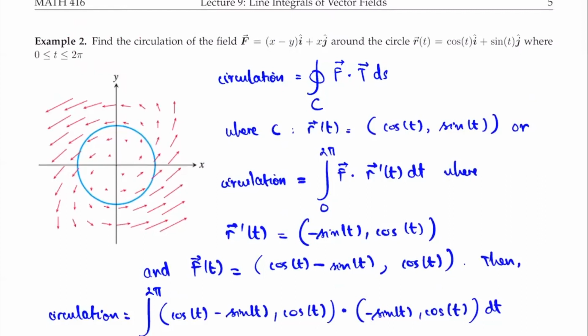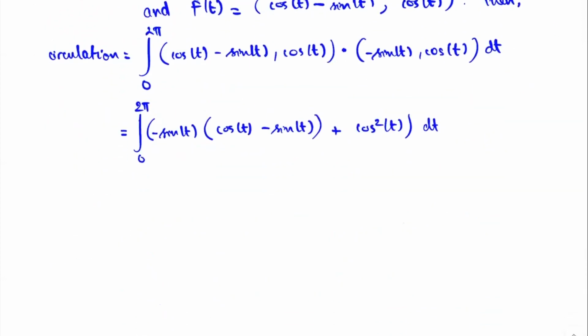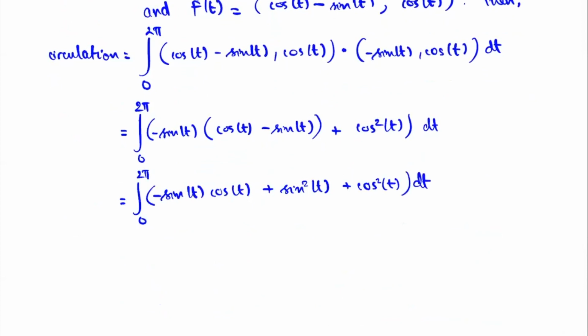But when you include this circle, that means a closed path or a closed curve. So this becomes negative sine of t cosine of t plus sine squared of t plus cosine squared of t dt.